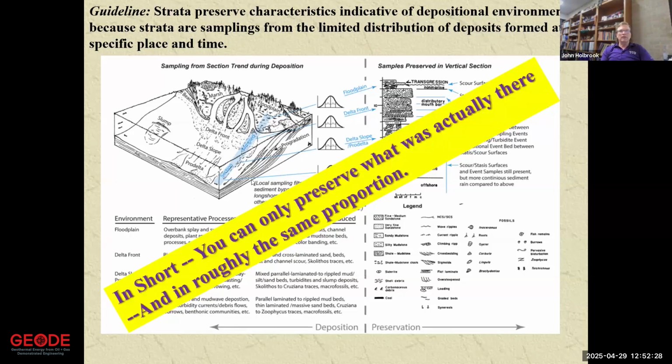So you don't randomly preserve any kind of sedimentary sample. You have a delta that makes a certain set of sedimentary samples. Those are the deposits you're sampling from to make your deposit, and only the ones that would show up in that environment are the ones that are going to preserve at that location. But not every sedimentary deposit that's been formed will show up.